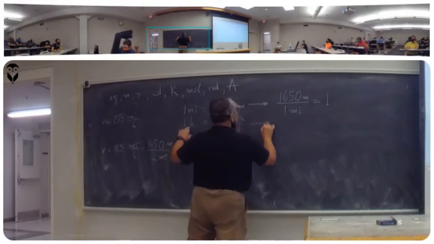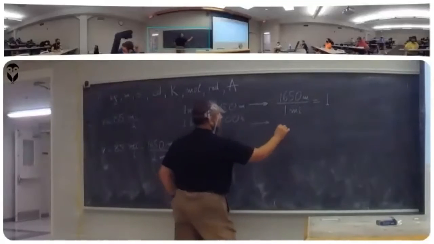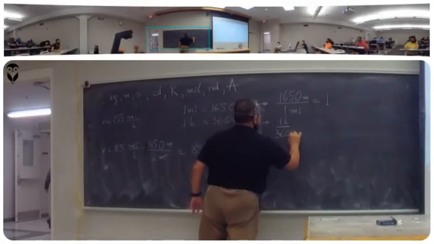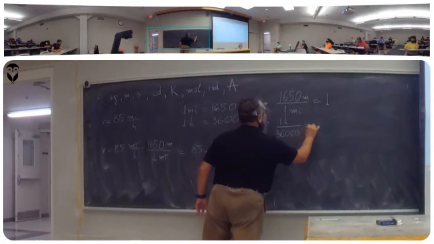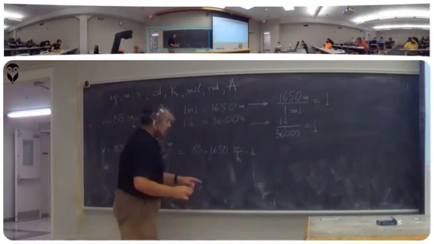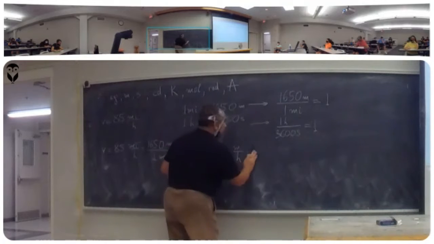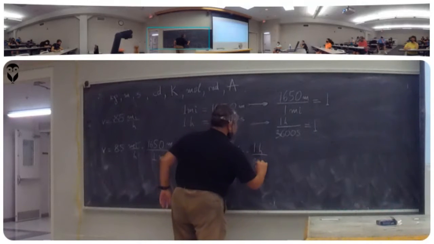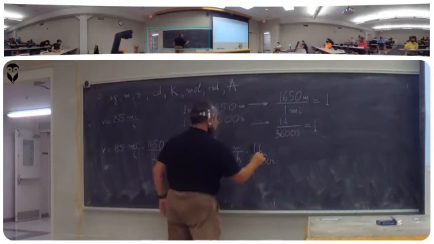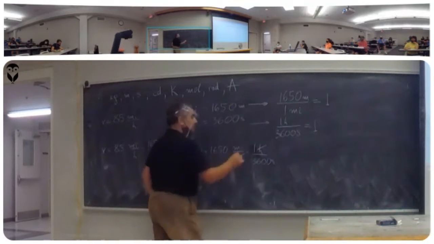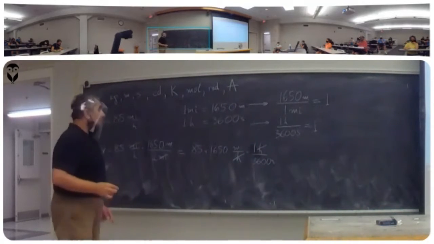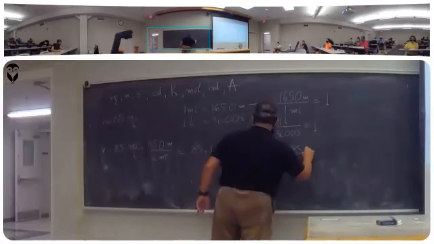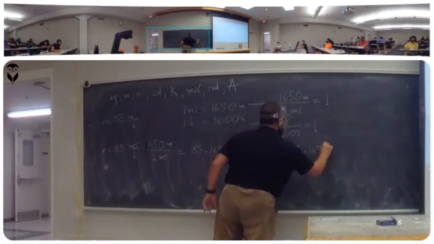In other words, you want your unitless number 1 this way: 1 hour divided by 3,600 seconds is my unitless number 1. Put that unitless number 1 right here. So 1 hour divided by 3,600 seconds. And again, you have formal cancellation of the hours, and the units that are left are, you have 85 multiplied by 1650.